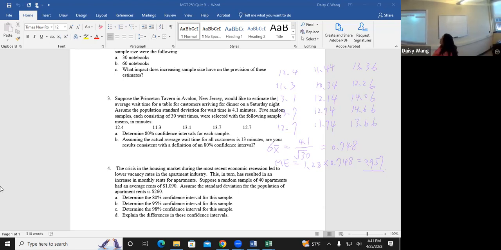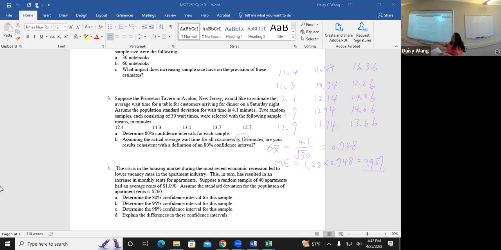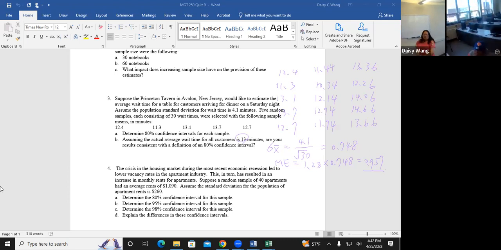Assuming the actual average wait time for all customers is 13 minutes, are these results consistent with the definition of an 80% confidence interval? So we want our average to be 13 minutes. Which one doesn't have 13 in its confidence interval?